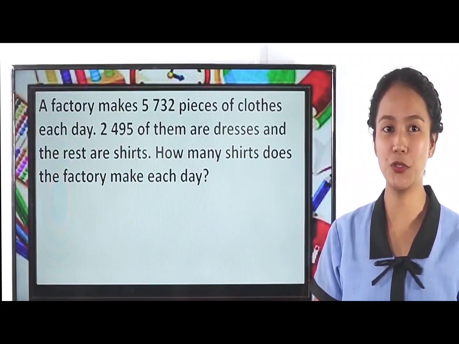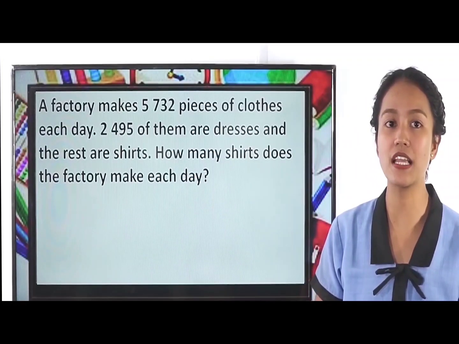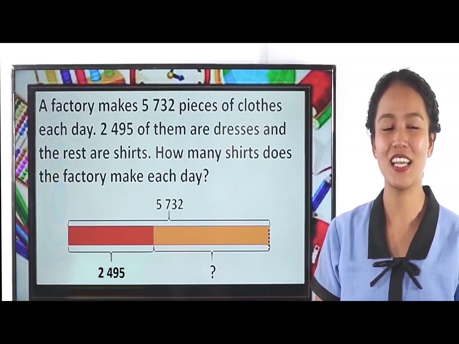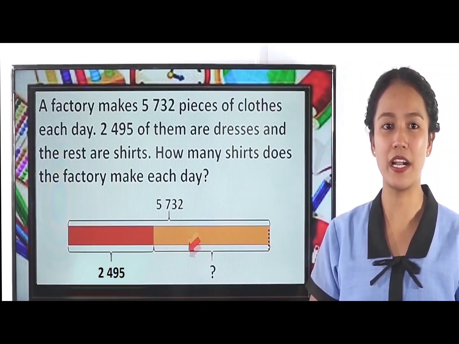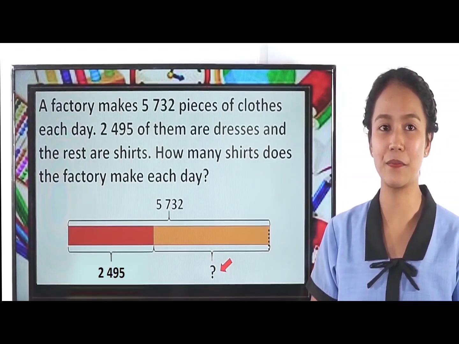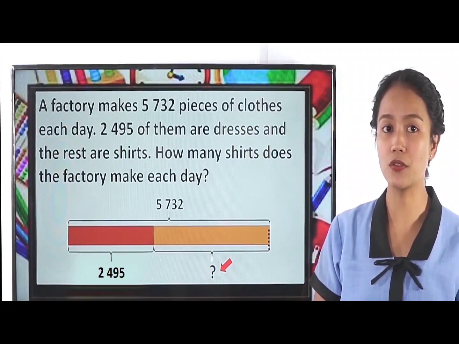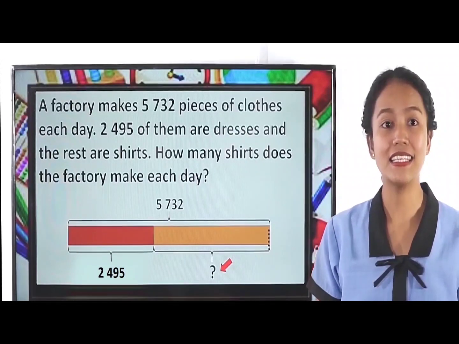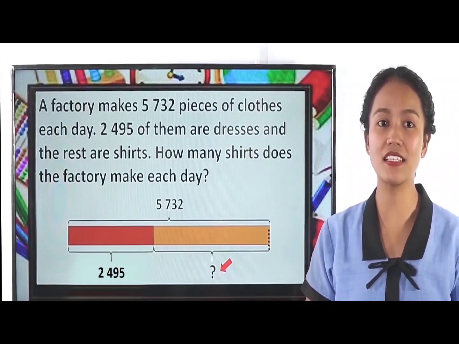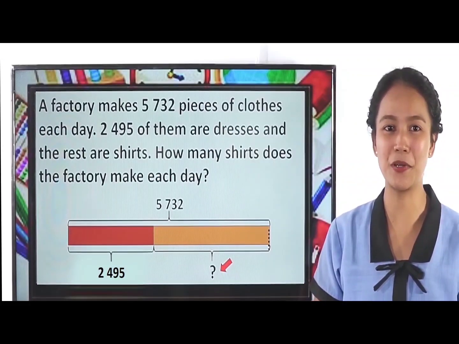Next is plan what to do. We can draw a bar model to show the number of shirts the factory makes each day, like this. We can use question mark on the bar model to indicate what we need to find. Based on your bar model, what operation should we use? Yes, to find the number of shirts the factory makes each day, we need to find the difference between two numbers.